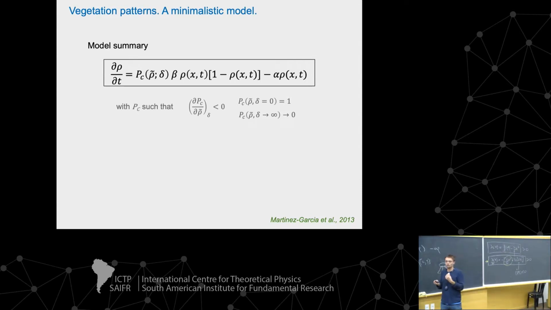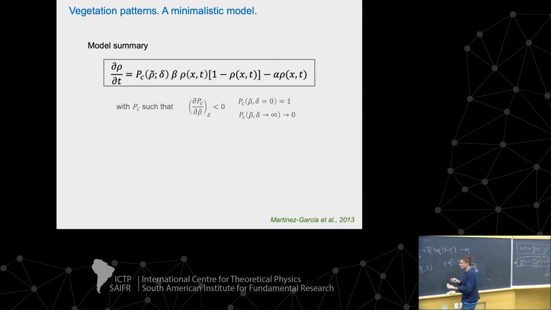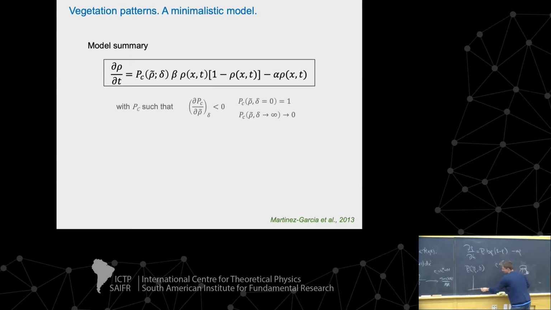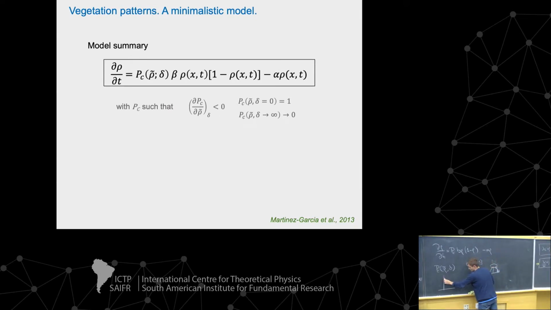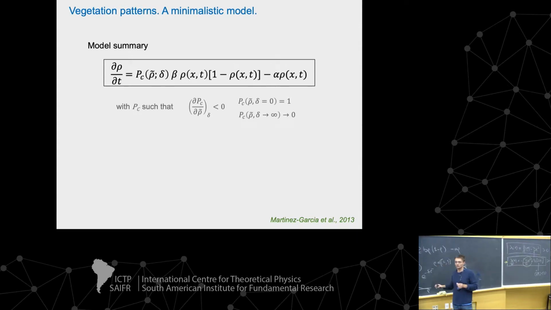So just to give you a more concrete example, if I have this PC to be an exponential in the amount of vegetation, my exponential will look something like this, right? So delta modulates the decay of this function. It's like a modulating parameter.